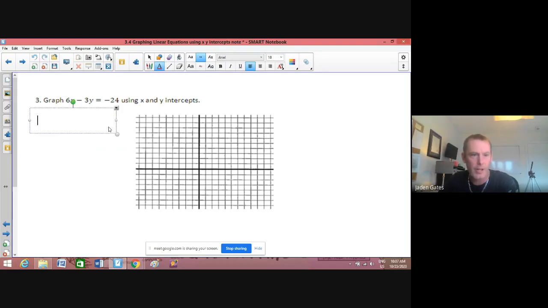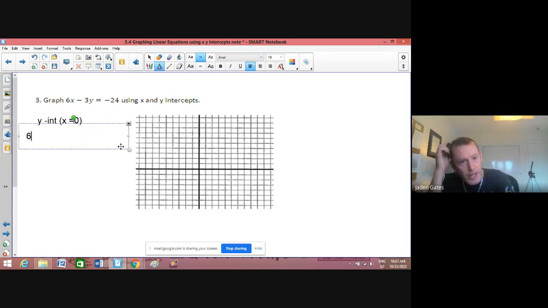So I'm going to find my y-intercept first. And again, the key here is that our x value is equal to 0. All right. And so I have the equation of my line up there. So it's 6, but my x value is 0. So I'm going to plug it in right away. I'm going to skip a step there that I did last time.